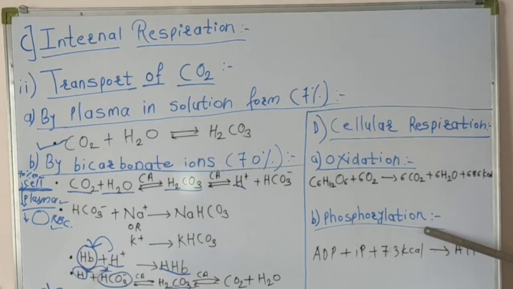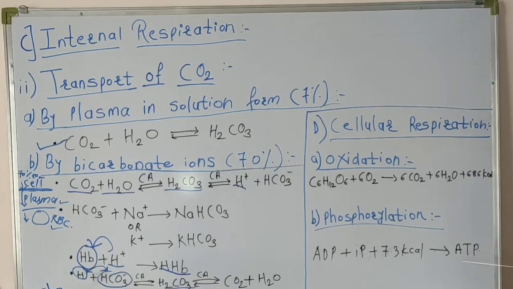Next is phosphorylation, in which ATP is generated and this energy gets converted into a high energy bond, called ATP, which is useful for various life processes.